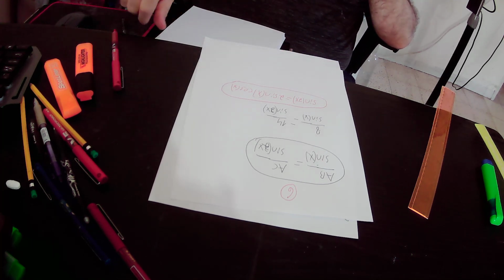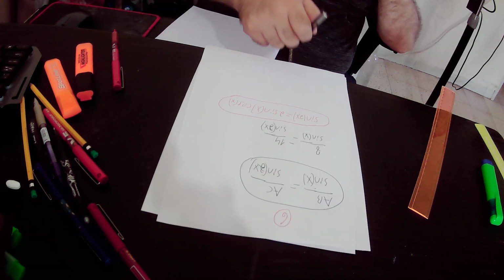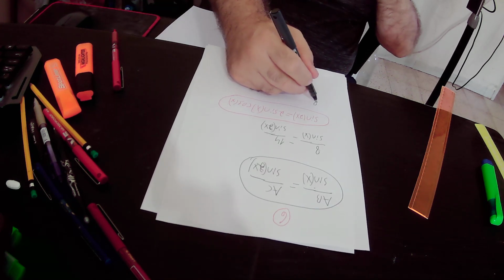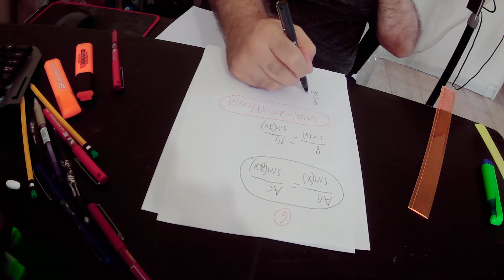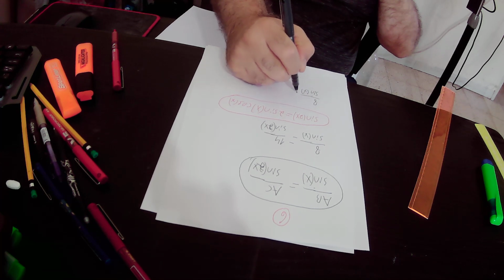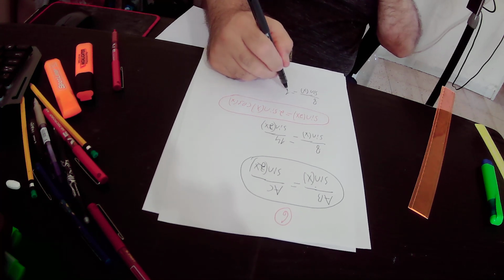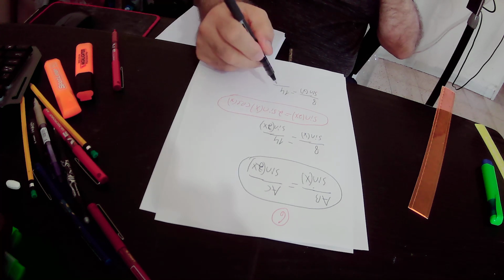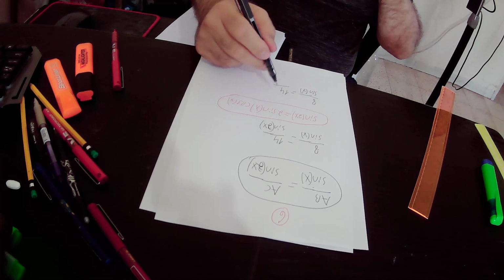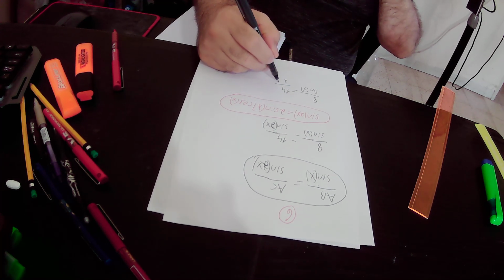Okay, so we'll do it now. 8 over sine x equals 14 over, instead of sine 2x, we'll write 2 sine x cosine x.